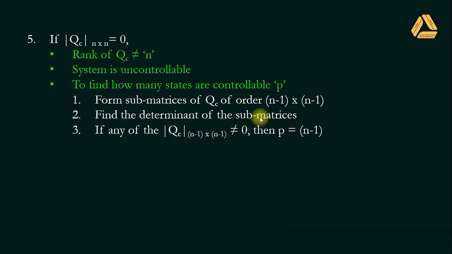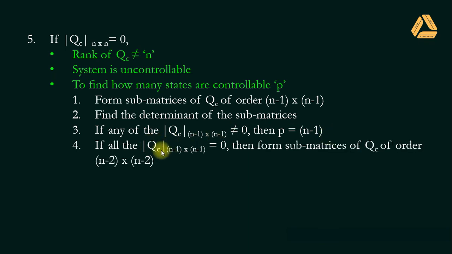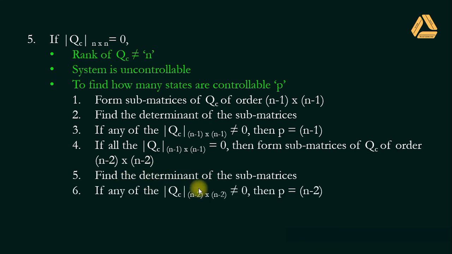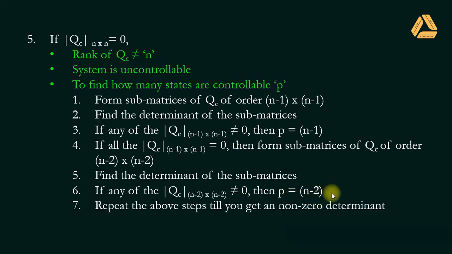If any of the submatrices has a determinant not equal to 0, then the number of controllable states is P, which is n minus 1. If the determinant of those submatrices is equal to 0, then again you have to form submatrices of order n minus 2 and find their determinants. If any is not equal to 0, the number of controllable states is n minus 2. Otherwise, you continue this procedure until you get a non-zero determinant. This is the actual procedure. Just have a look and read it, and you can have a better idea.